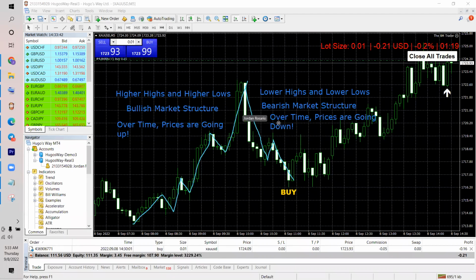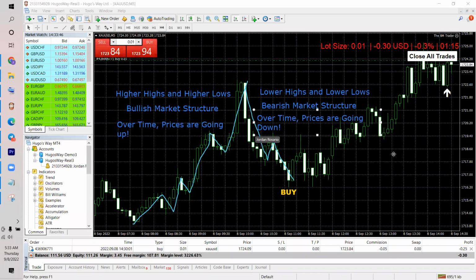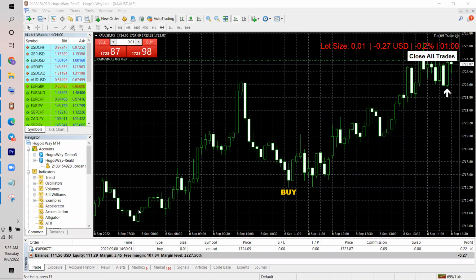And so this tells us that what we're going to want to look for in a bearish market structure is a sell opportunity. Understanding where we're at in the market right now, we could see for the most part that prices are continuing to rise.